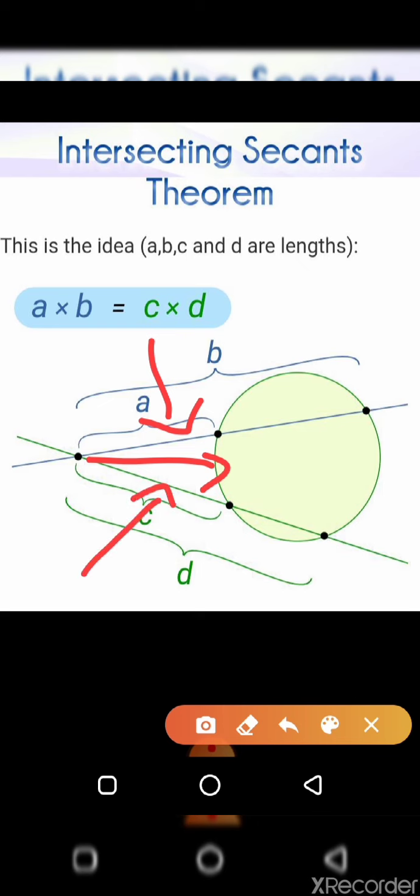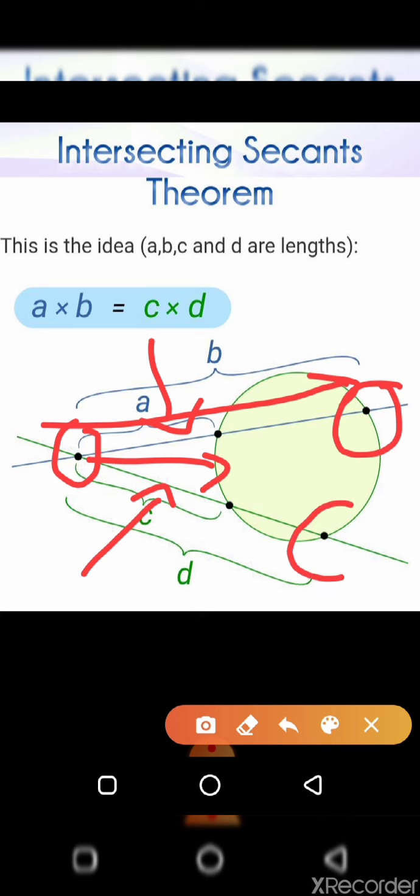Also, the point of intersection of the two straight lines that cut into the circle is at a distance from this point of intersection to another point on the circumference of the circle at the bottom. Can you see at the bottom?